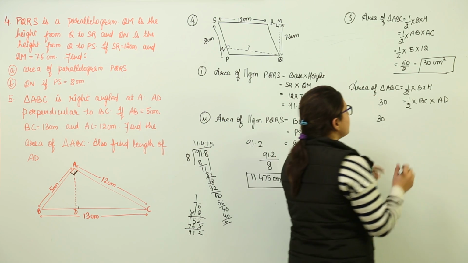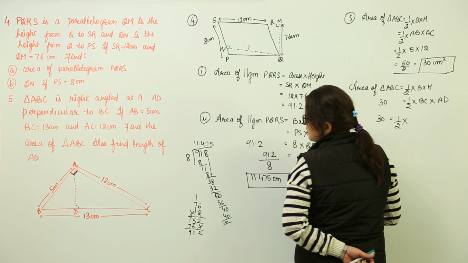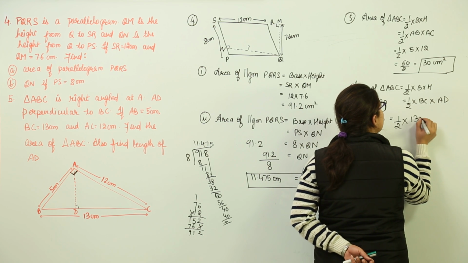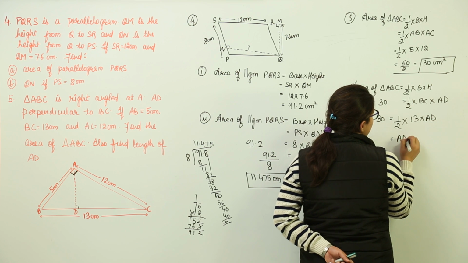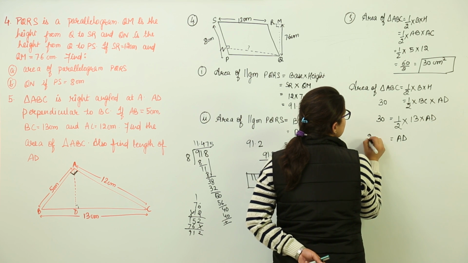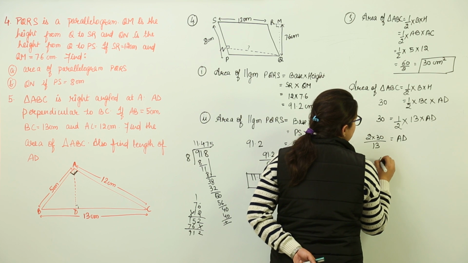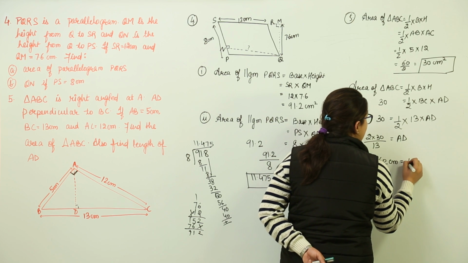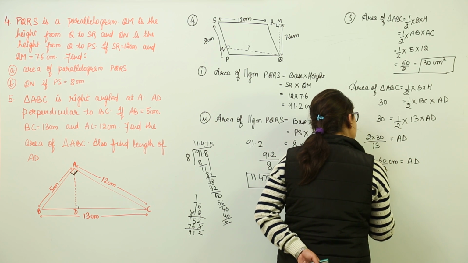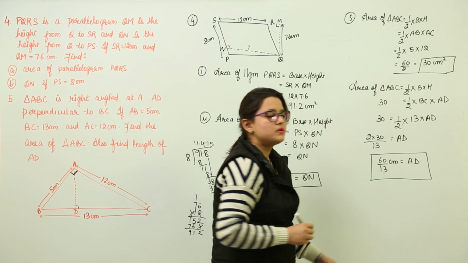So we place that value over the area and we get 1 by 2 into BC, which is also given to us as 13, and we'll find out AD. So we get AD equal to 2 into 30 whole upon 13. Now you get 60 upon 13 centimeters as AD. You can convert it into decimals or you can leave it as it is. This will be your answer.